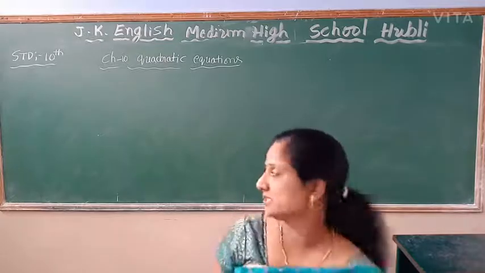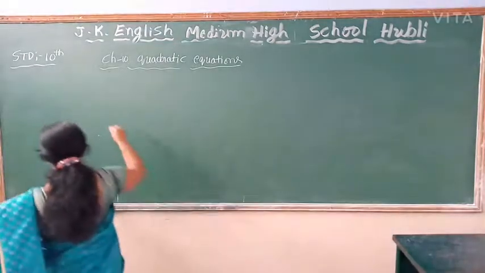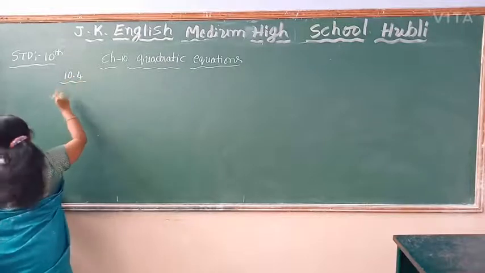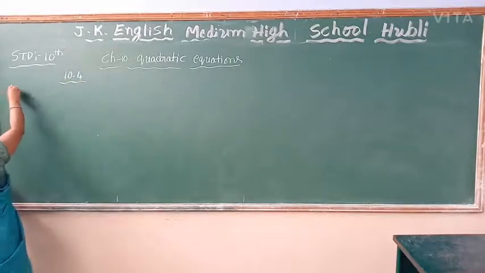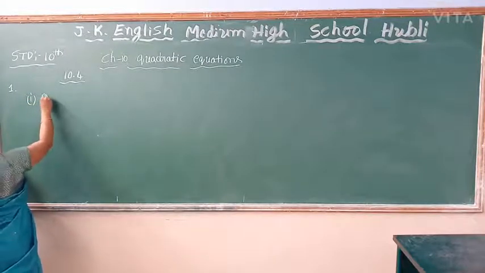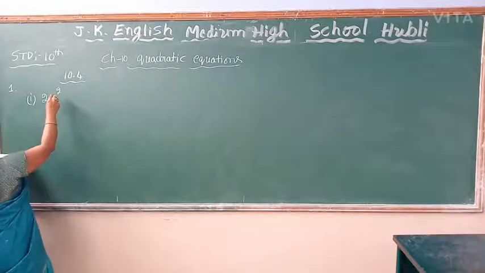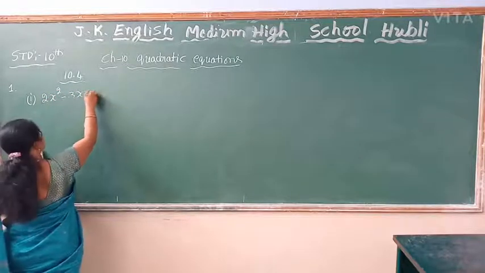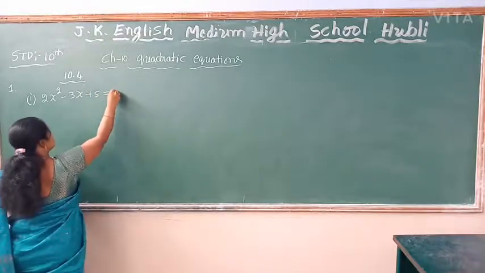Okay, the first question of exercise 10.4 is 2x square minus 3x plus 5 is equal to 0.